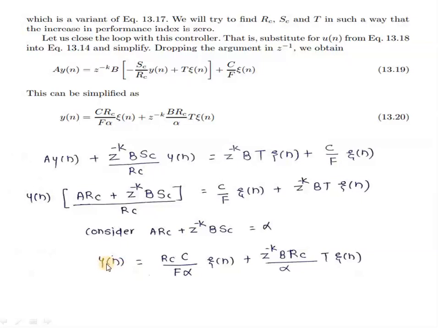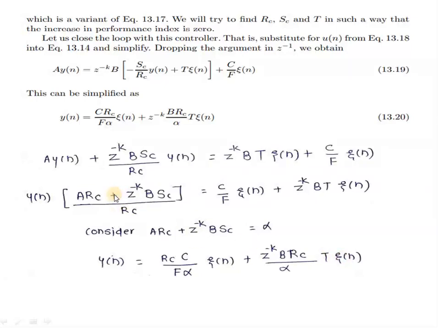Here you can see y of n, we have multiplied by RC and divided by alpha. That's why it comes as y of n is equal to RC into c divided by f into alpha into z of n plus z raised to minus k b into RC divided by alpha into tau into z of n.